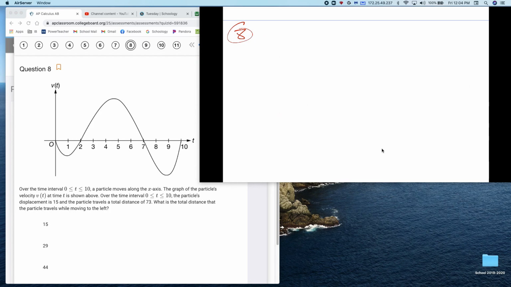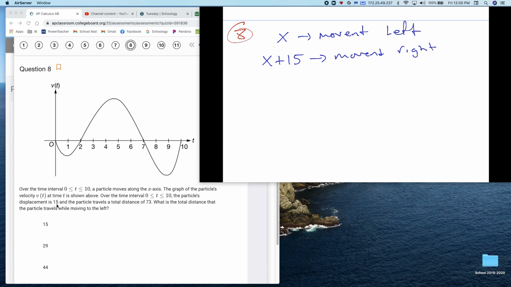Say x is the movement left. You know the displacement is 15, so x plus 15 is going to be the movement right, because it had to move further right than it did left.